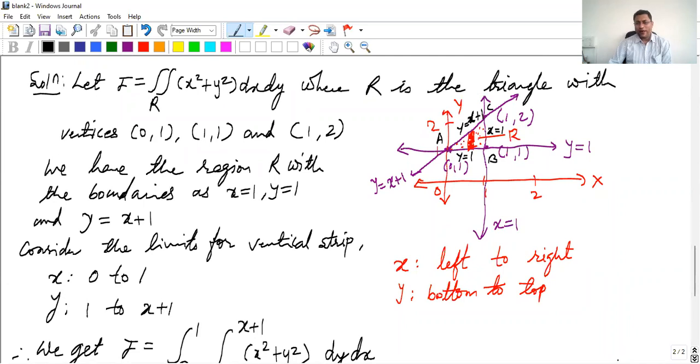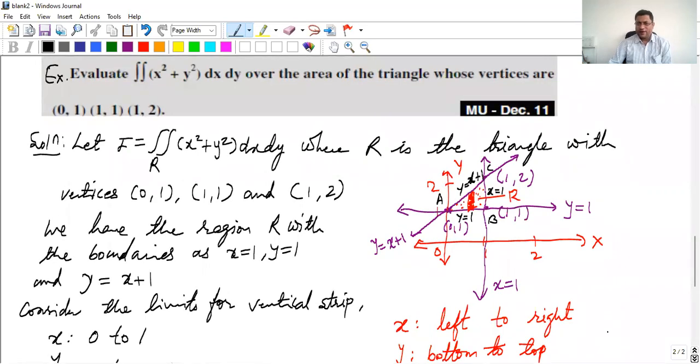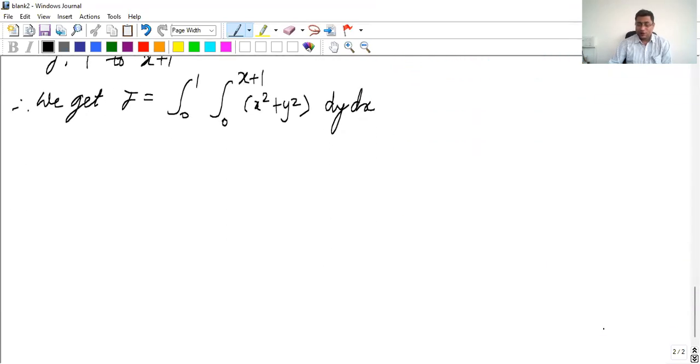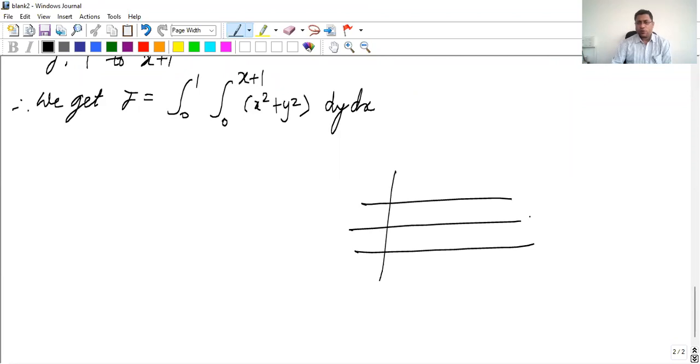So when we consider y running from 1 to 2, here we'll have the line y is equal to 1, and here we'll have the line y is equal to 2. If you claim that x is running from 0 to 1, is there any doubt in x running from 0 to 1? No, sir.